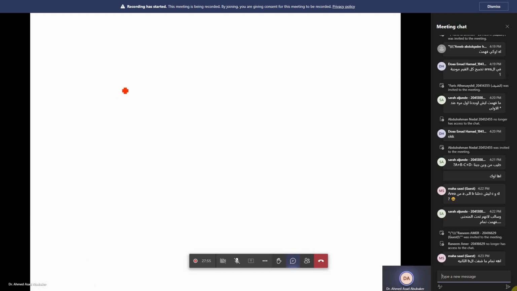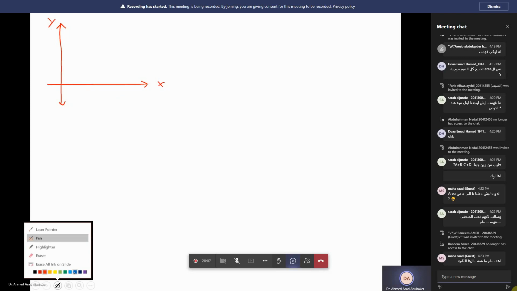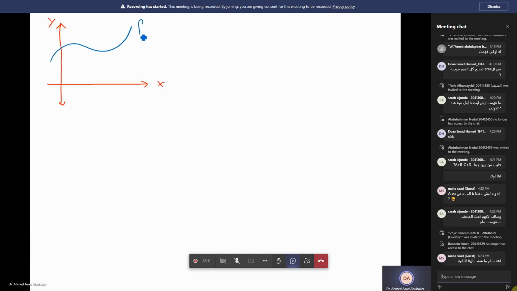Like this: x and y, and all the curve above or under the x-axis. This is a very easy case.